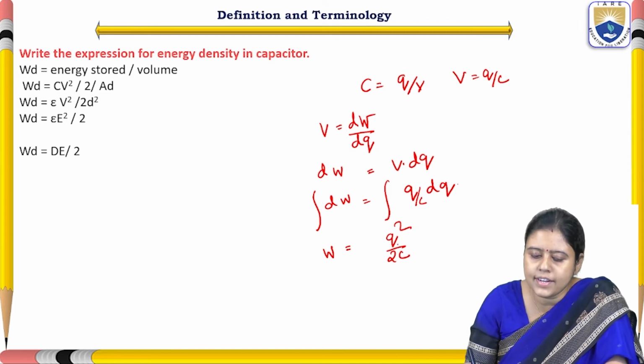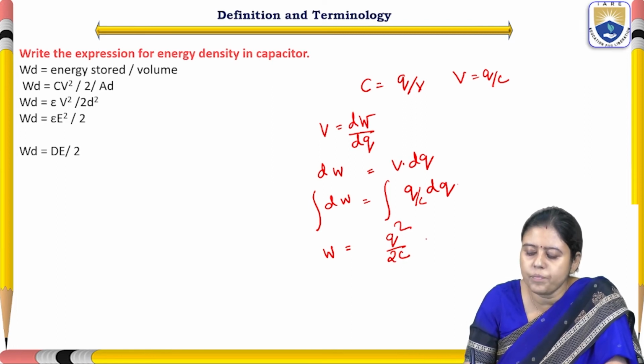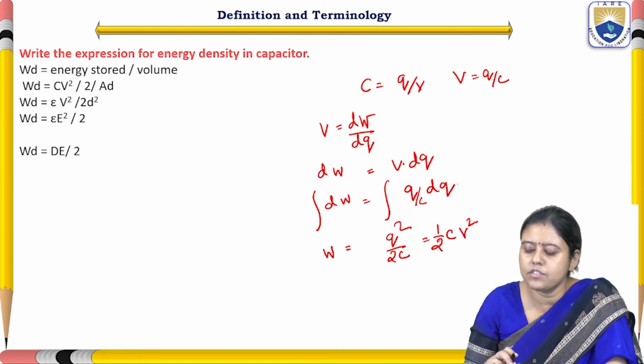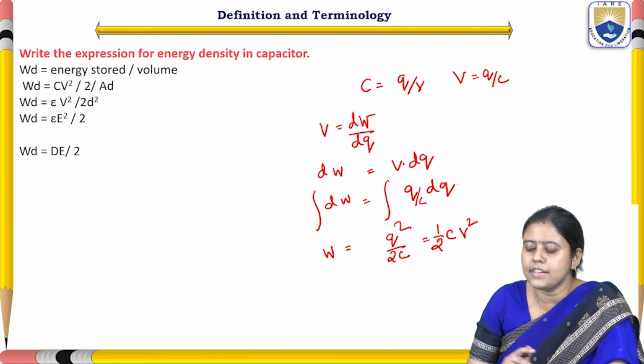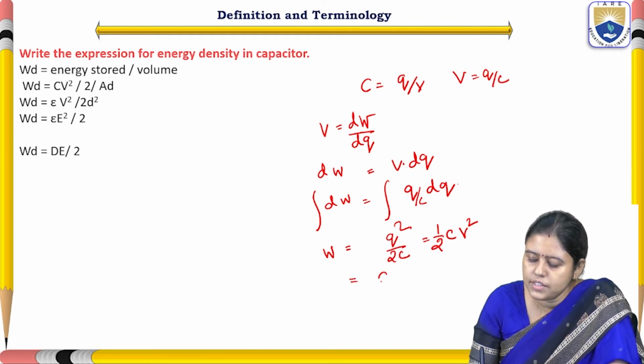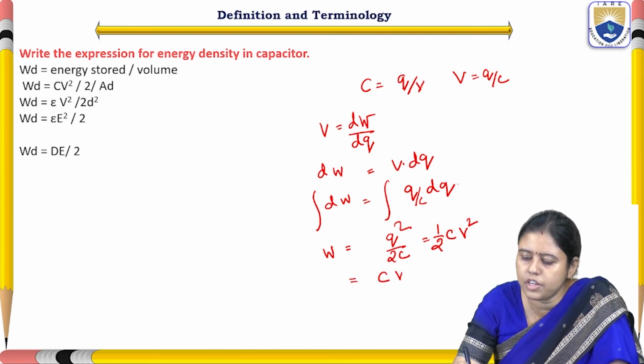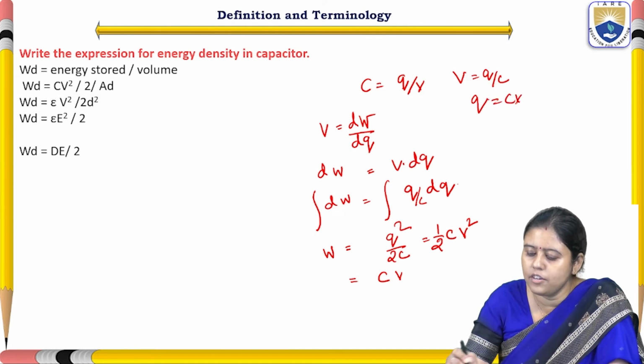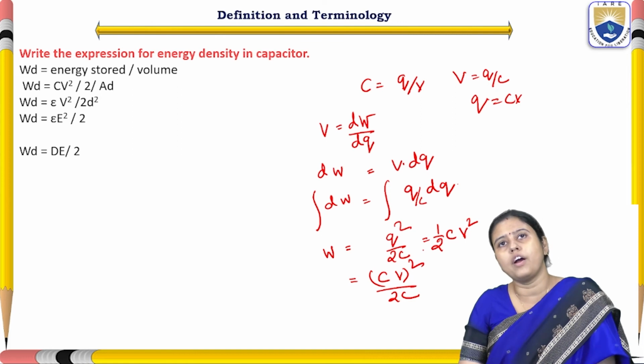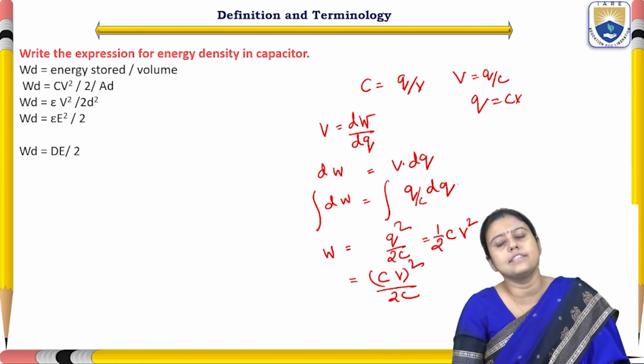Or we can write that this is equal to half C V squared. How can we get this? Q is equal to C into V, so (CV) whole squared by 2C gives half CV squared.